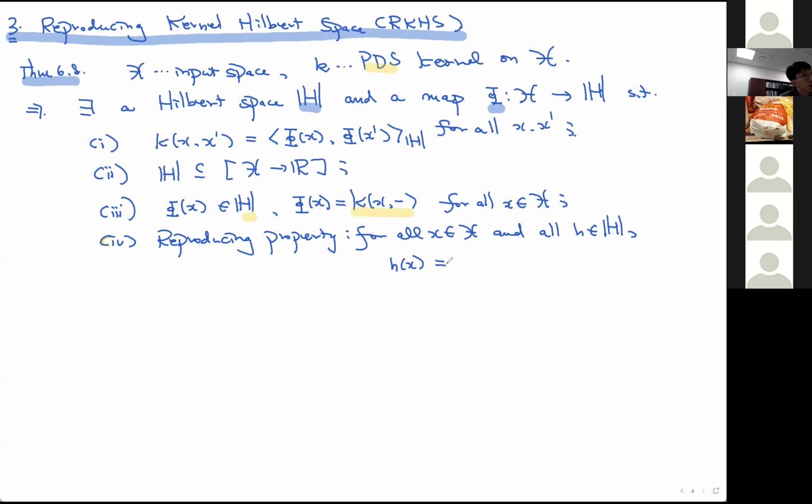But it turns out this is the same as taking the inner product of h and the feature function of x. And because of the third property, this is the same as the inner product of h and the partially applied function K. That is called the reproducing property. This is actually quite an important theorem.